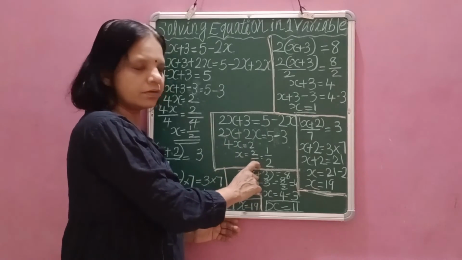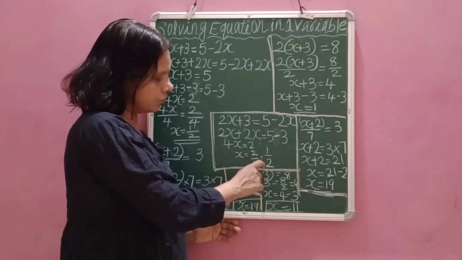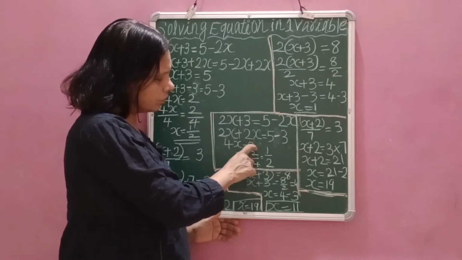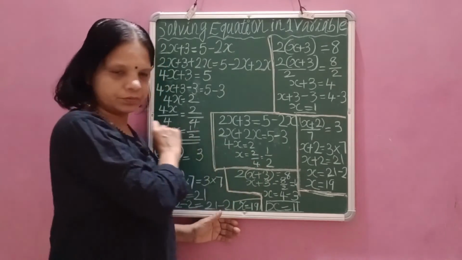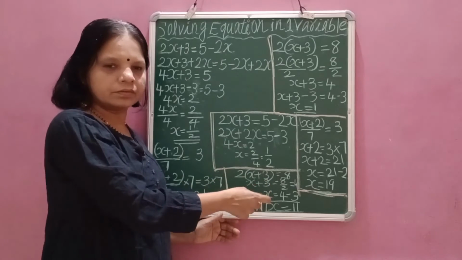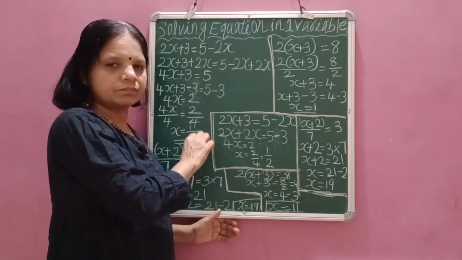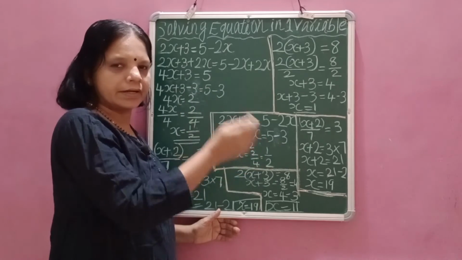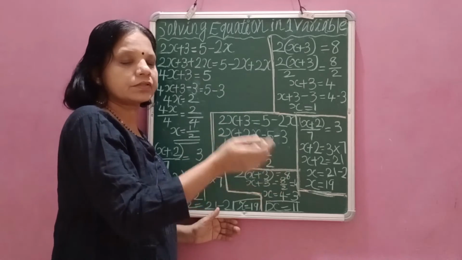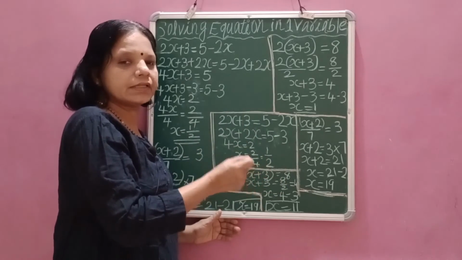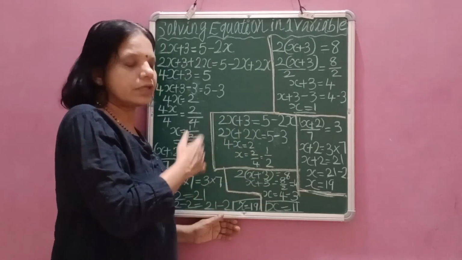Multiplication becomes division when it changes the sign. It goes to RHS. So 4x equal to 2 or x is equal to 2 divided by 4 or 1 upon 2. In this way also you can do. Remember the rule. Addition becomes subtraction, subtraction becomes addition, multiplication becomes division, and division becomes multiplication when the terms are changing the sides. That is LHS to RHS or RHS to LHS.